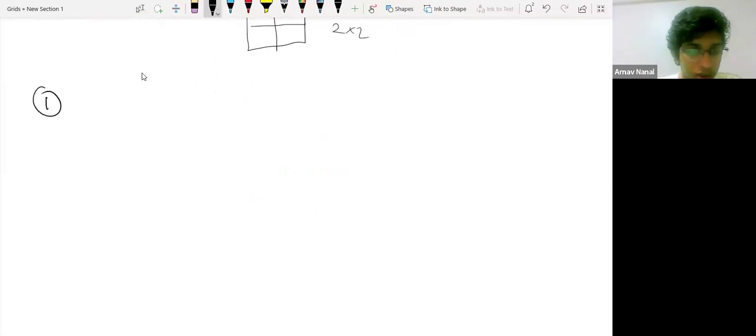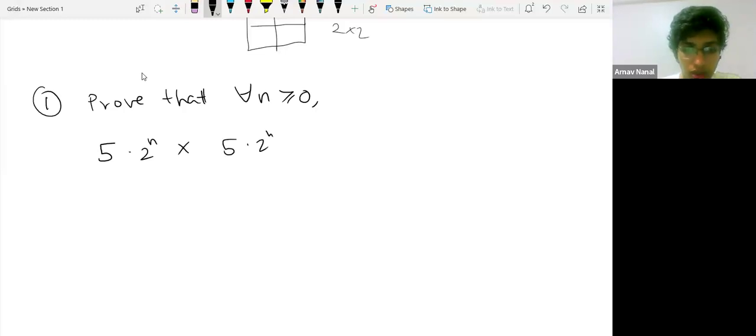First question is, prove that for all n greater than or equal to 0, you can tile a 5 into 2 to the n cross 5 into 2 to the n board using L trominos.